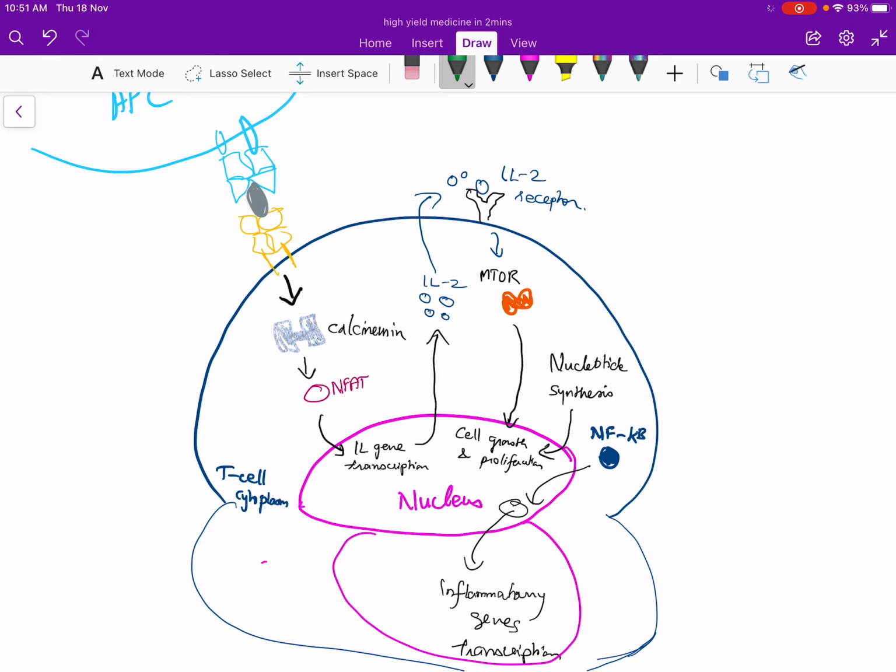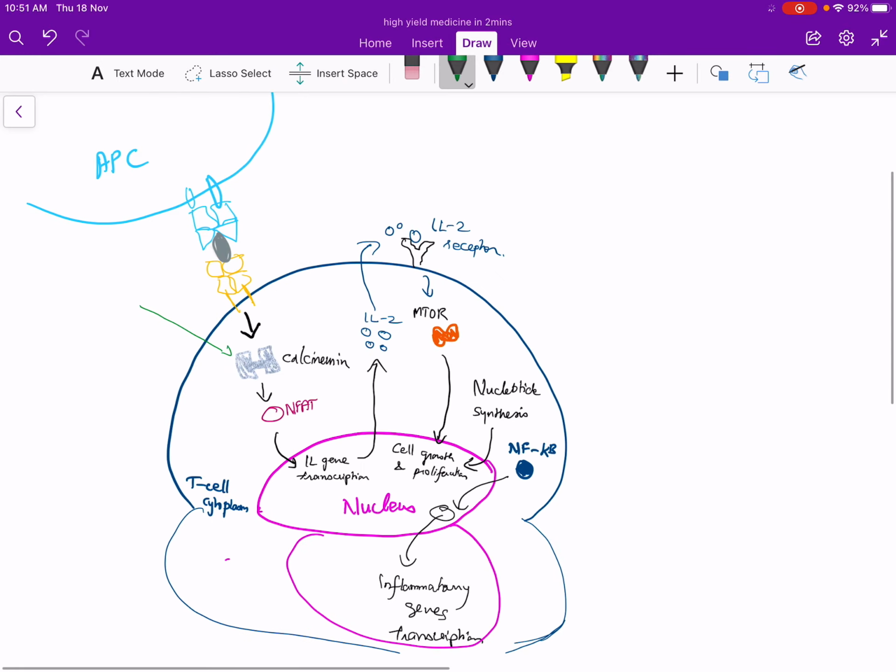The calcineurin inhibitors which inhibit this are cyclosporin and tacrolimus. They both act over here, inhibiting calcineurin, and the next drug is an inhibitor of mTOR.